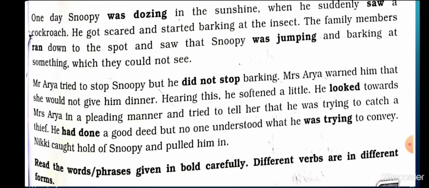Now students, read the words or phrases given in bold carefully, like was dozing, was jumping, saw, didn't stop, looked, had done, was trying. Students, these all are different verbs in different forms. Okay, here we have used different verbs in a different form.